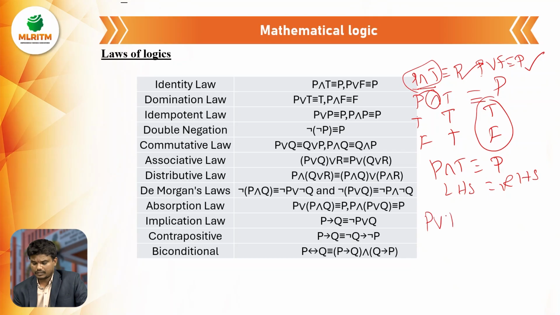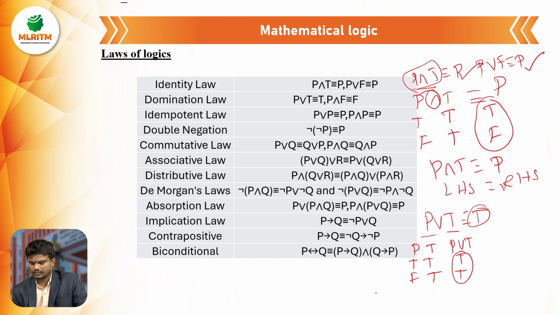Next one, the domination law. P or T is equivalent to T. How do we get T? Here we have two cases, P and T. P has two cases, true, false, and T is true, true. P or T gives true, true.